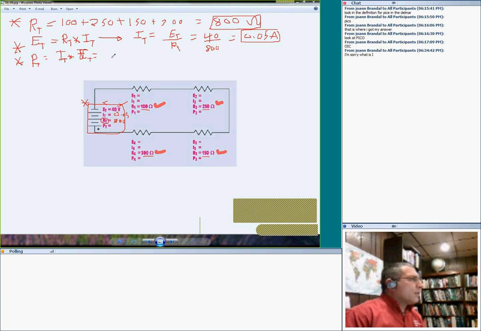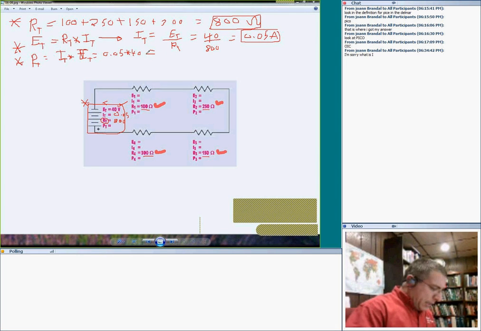Okay, Chad. So I total, which is 0.05, multiplied by 40, which is the voltage. 0.05 times 40, you're going to find 2. It's going to be 2 watts.